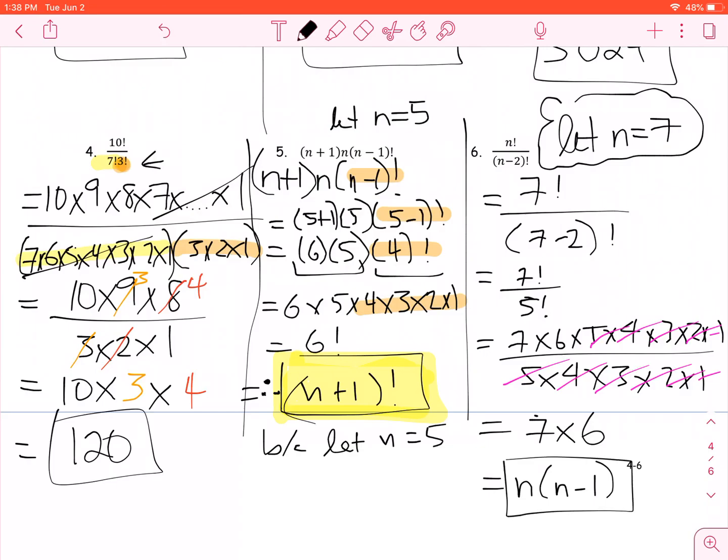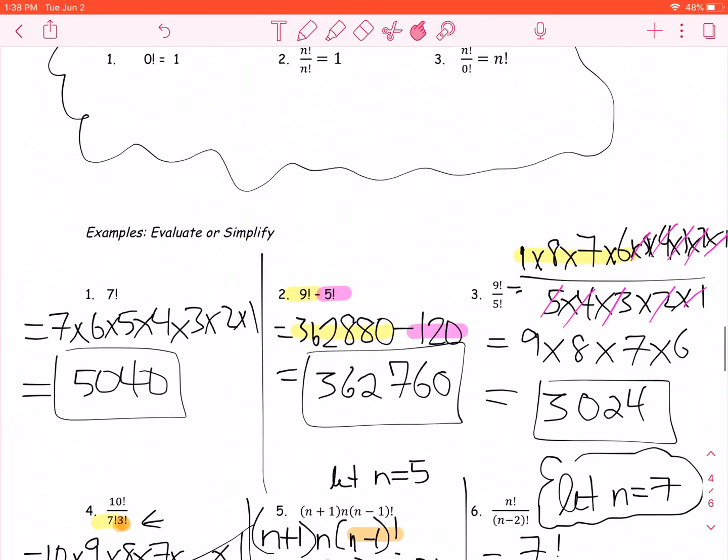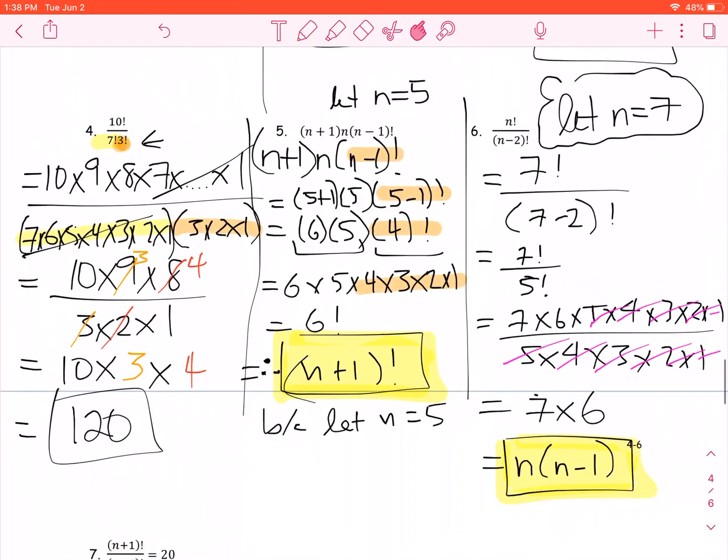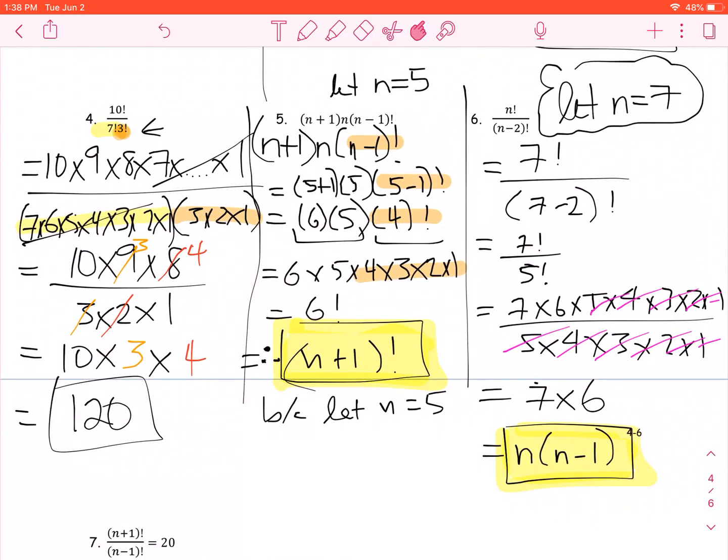So how this simplifies to this: if I sub in n, and I let n be represented by 7, then 7 minus 1 is 6. Because your instructions, as you see here, were to evaluate or simplify, I did use a let statement to help prove it. You need to sub it back in at the very end to actually make this hold true.